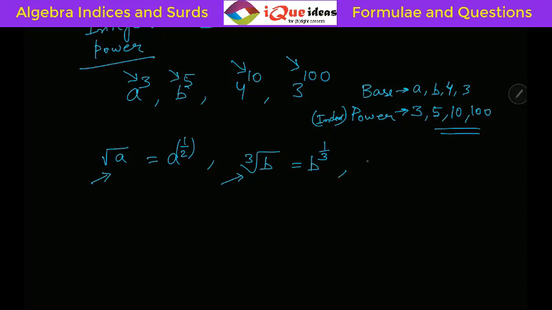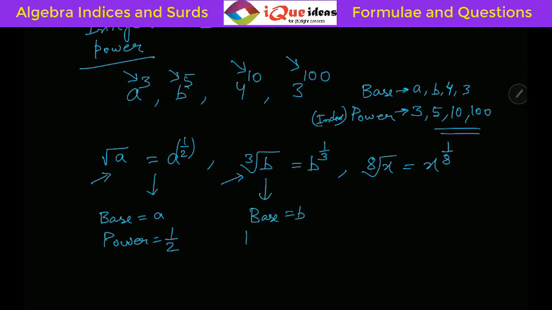Similarly, if I have something like 8th root of x, what does it mean? It is x raised to the power 1 by 8. So as you can see, in the first case base is a, power is 1 by 2, which is fraction power. In this case the base is b and the power is 1 by 3, right?